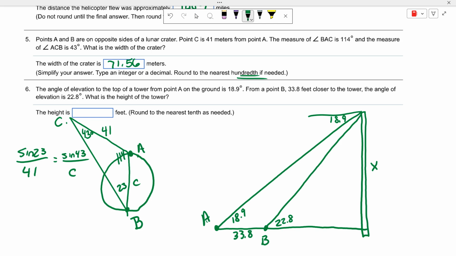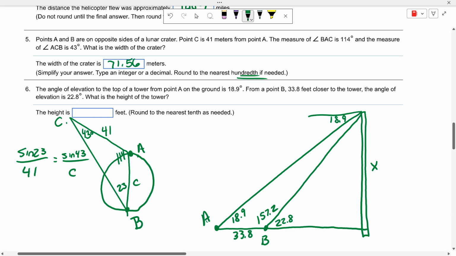Here in this triangle, I know this and this. And since this is 22.8, how many degrees are in a straight line? What's 180 minus 22.8? 157.2. So I know these two angles and this side. So if I know these two angles, I can figure out this angle.